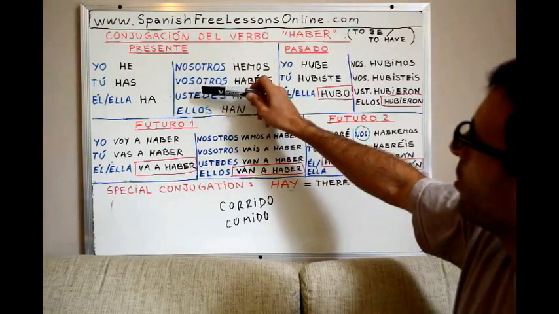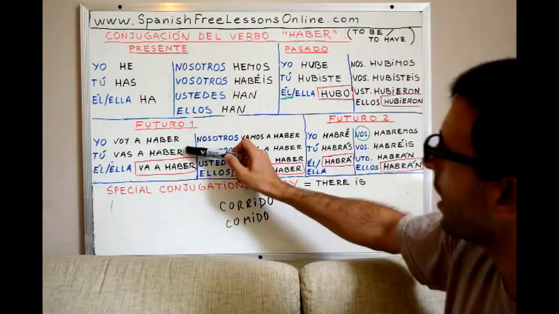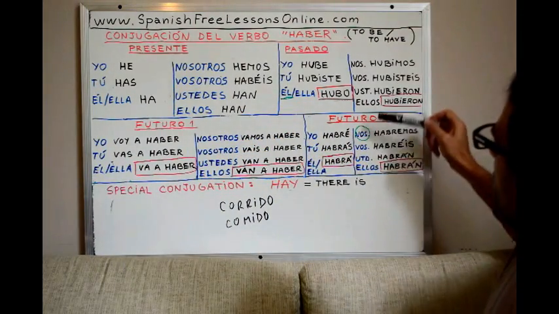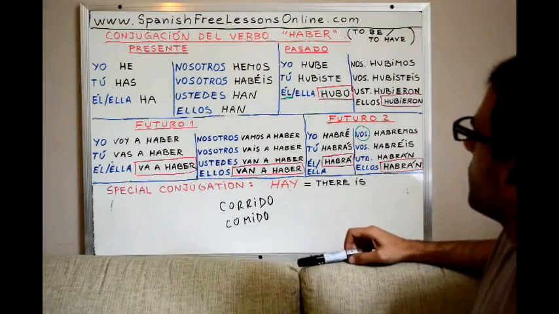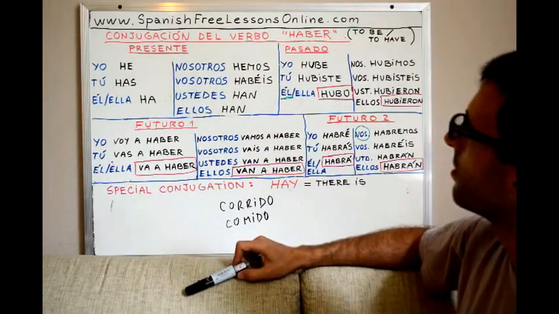Always see that ustedes and ellos conjugate the same. You see? It's always the same conjugation between ustedes and ellos. And ustedes and vosotros are synonyms. They mean the same thing, right?